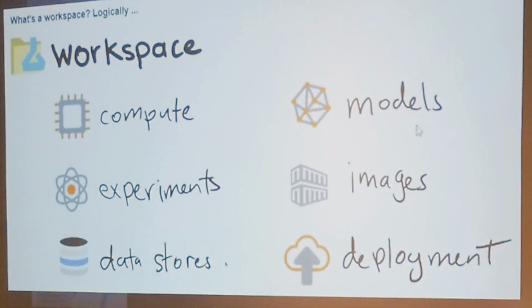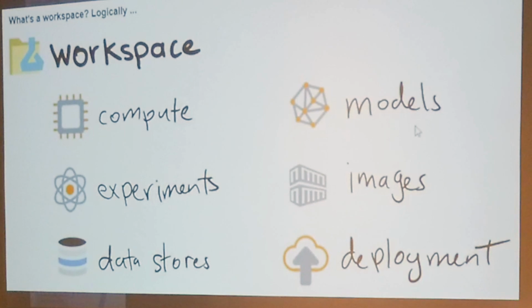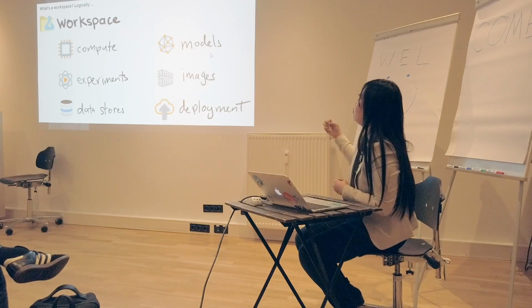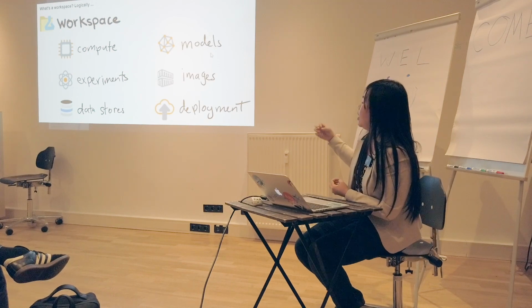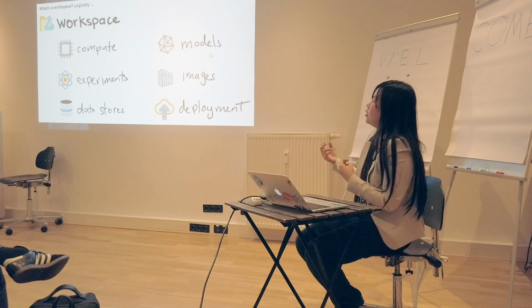And here, the thing that I want to introduce is the machine learning workspace. The workspace itself contains a lot of resources. You could see the experiment icon is actually similar to the icons from a Jupyter Notebook. So you could have the resources to do different experiments, and you could have compute power, models, Docker images, and something like data stores and deployments.